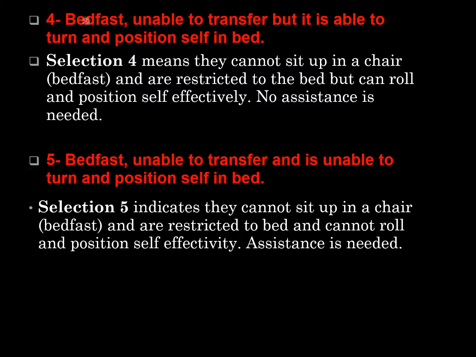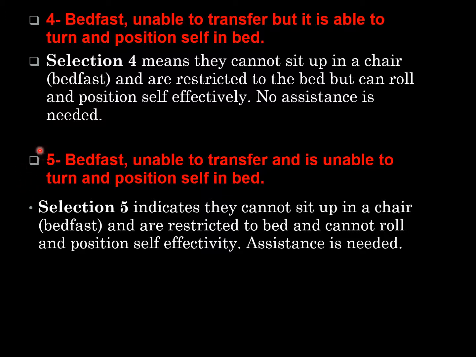4 and 5 indicate the patient can't be out of bed at all without some risk. So therefore, 4 and 5 differ from the standpoint of the patient being able to roll or position themselves safely and effectively in bed. So you must consider the patient's ability to unweigh bony prominences and completely roll from one side to the other in order to take care of any pressure ulcer issues or skin risk.